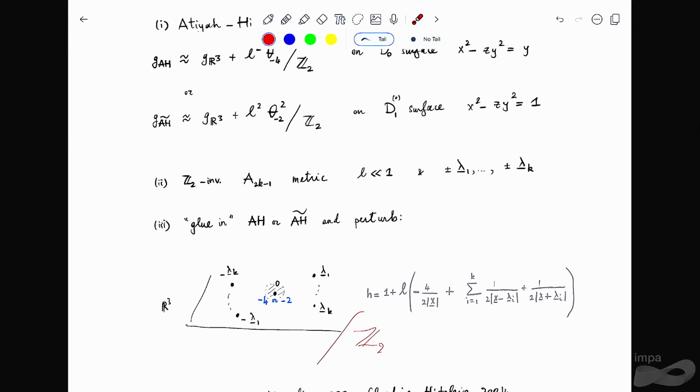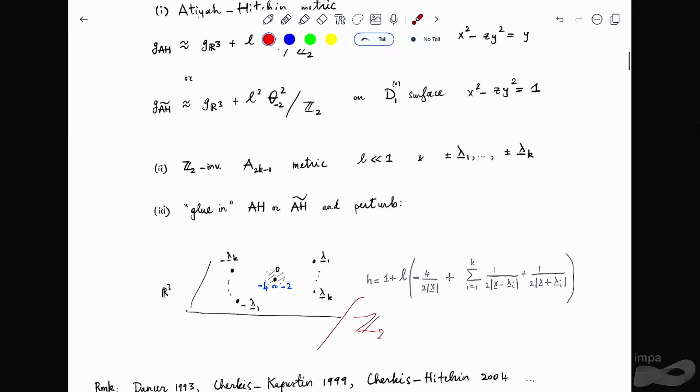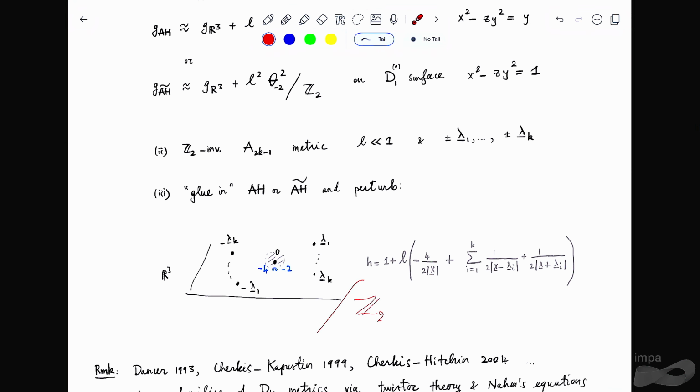Okay, so this was Sen's suggestion, and then Schroers and Singer showed that indeed this approximate hyperkähler metric can be perturbed to an actual one.